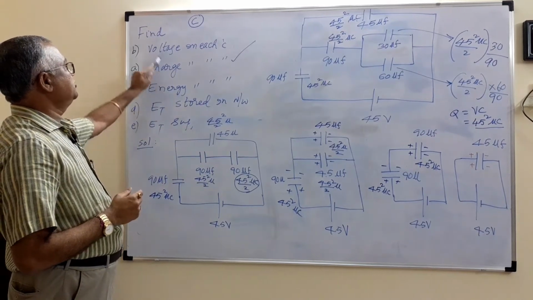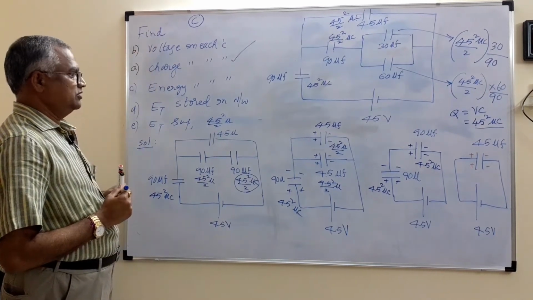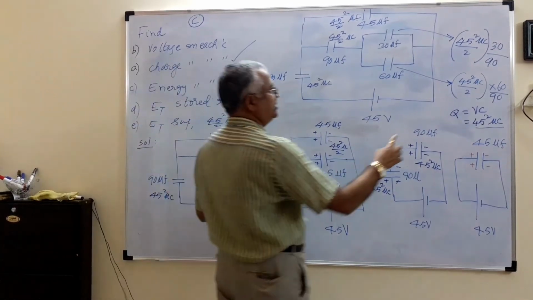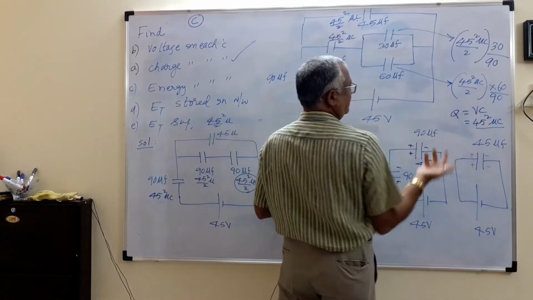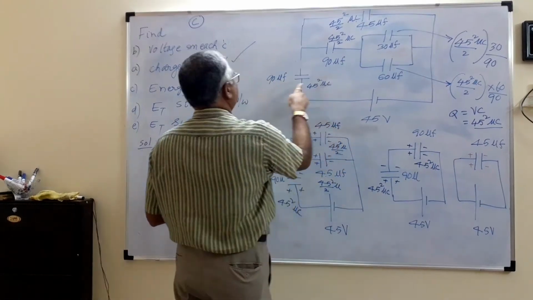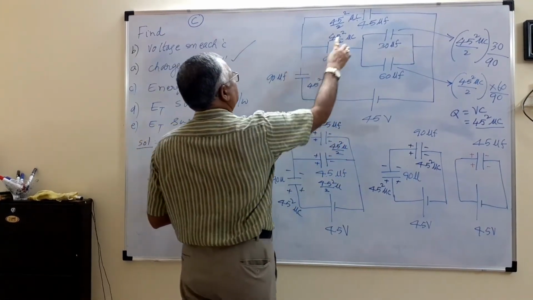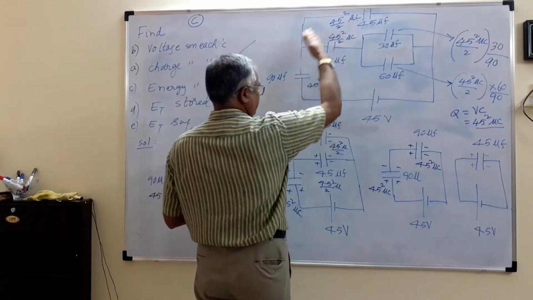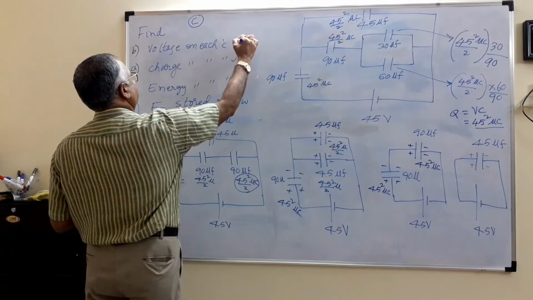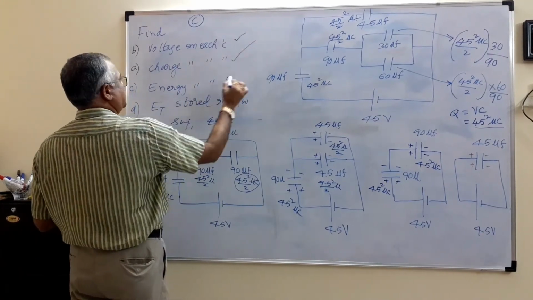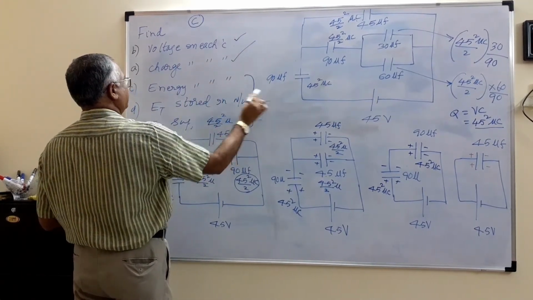Once we know charge, you can find voltage easily. How to find voltage from the charge? Voltage is nothing but charge by capacitor. So charge by capacitor you get voltage, charge by capacitor you get voltage, like that everywhere do it. And we are finding voltage from charge. Energy concept, these three same.